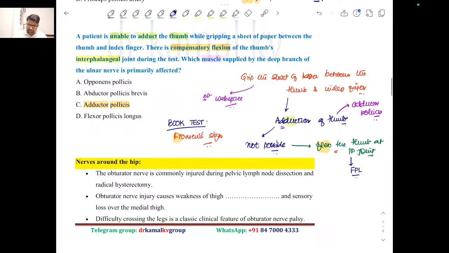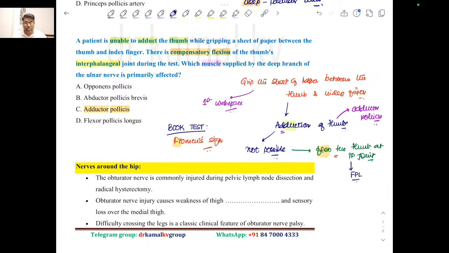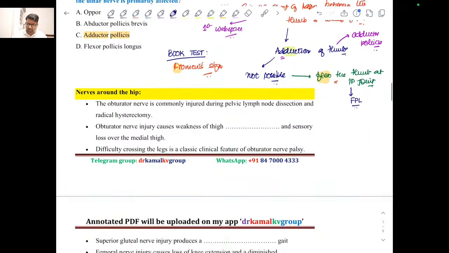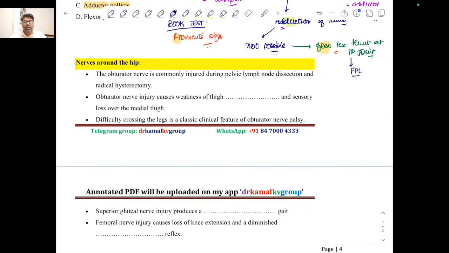So this is a very important topic, book test or Froment sign. Clear? So moving forward to next topic, and nerves around the hip, or especially the thigh region.